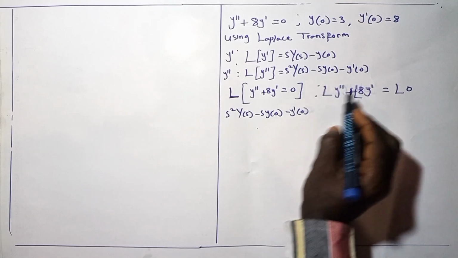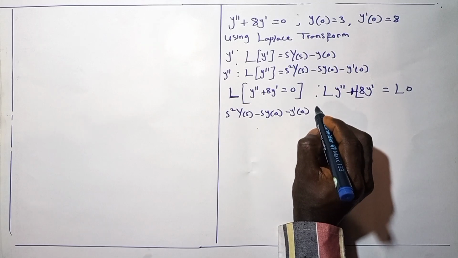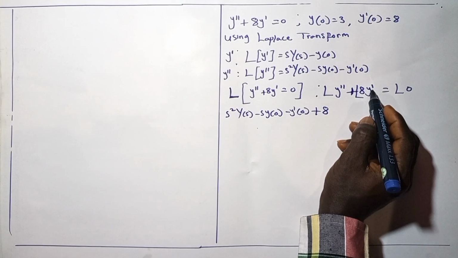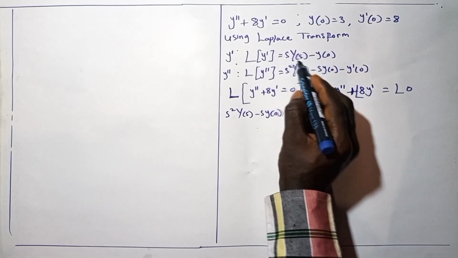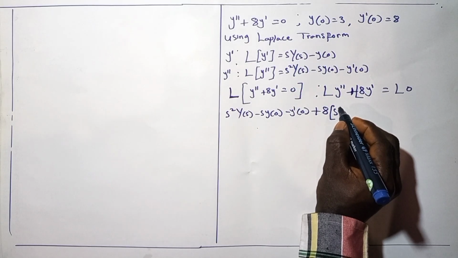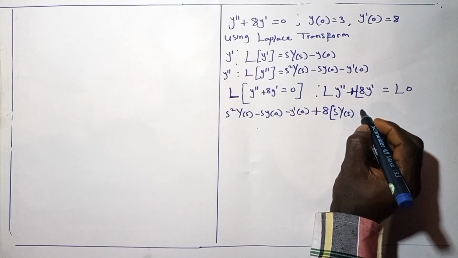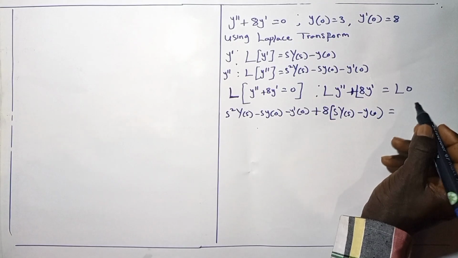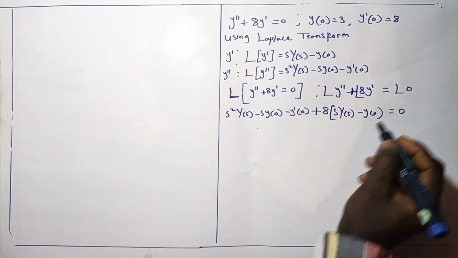Then this is a constant. You can bring the constant outside of the Laplace. Then Laplace of y prime will give us this. So put this in brackets: s Y of s minus y of 0. And then Laplace of 0 is 0.